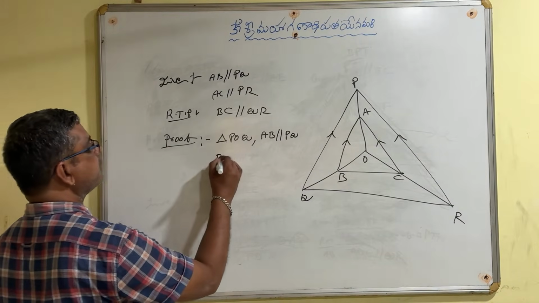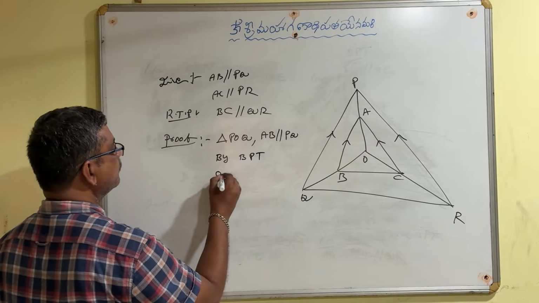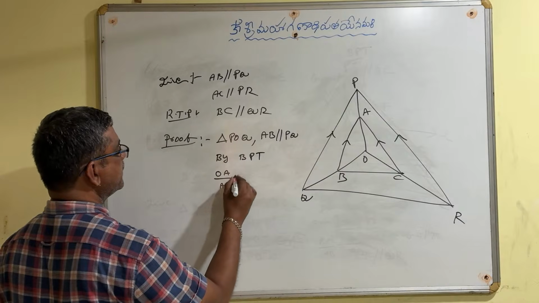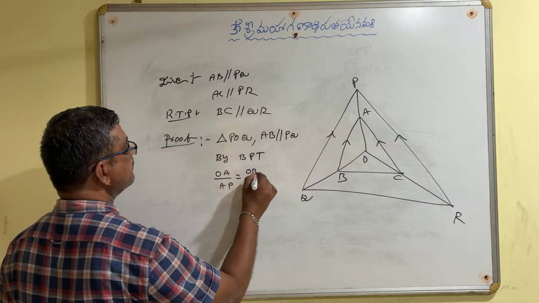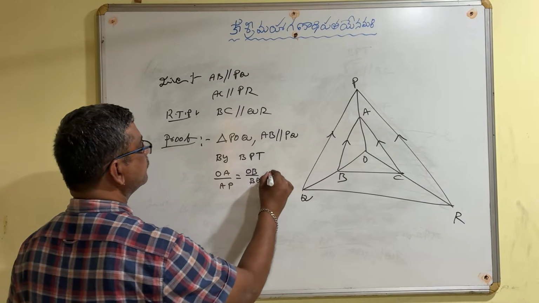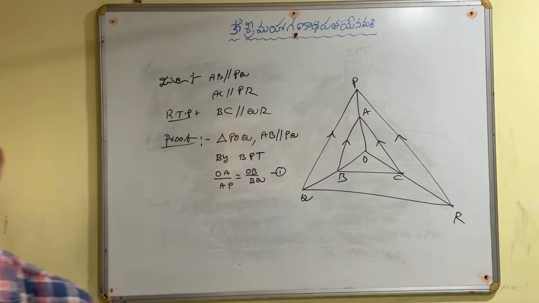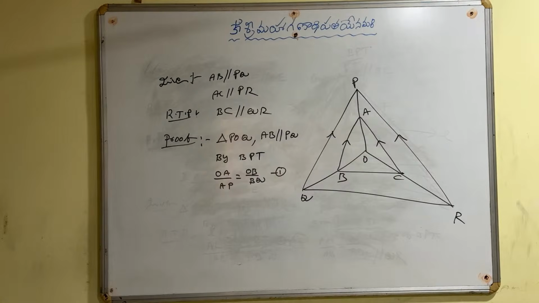So by basic proportionality theorem, OA by AP is equal to OB by BQ. Let it be 1.